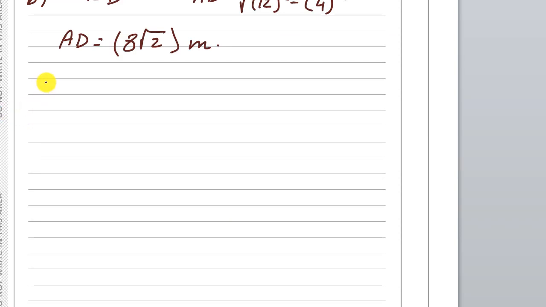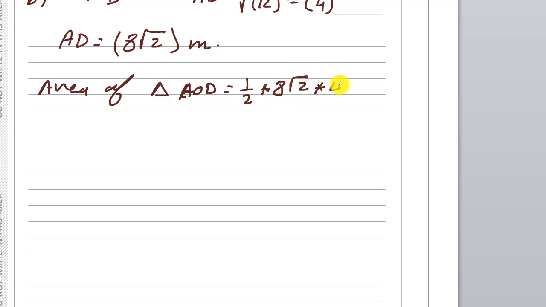So now the area of triangle AOD is equal to half multiplied by 8 square root of 2 multiplied by 4. So it's equal to 16 square root of 2.